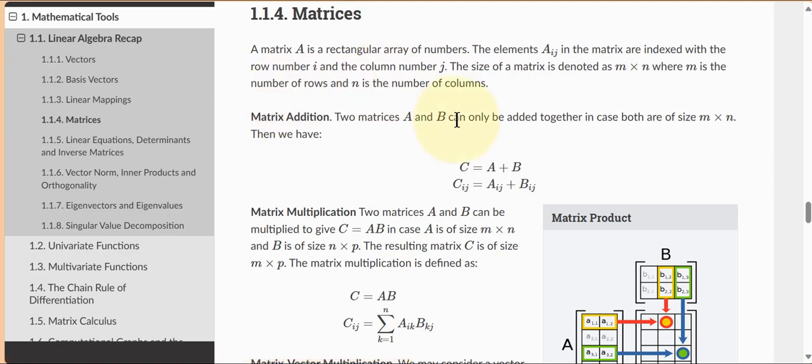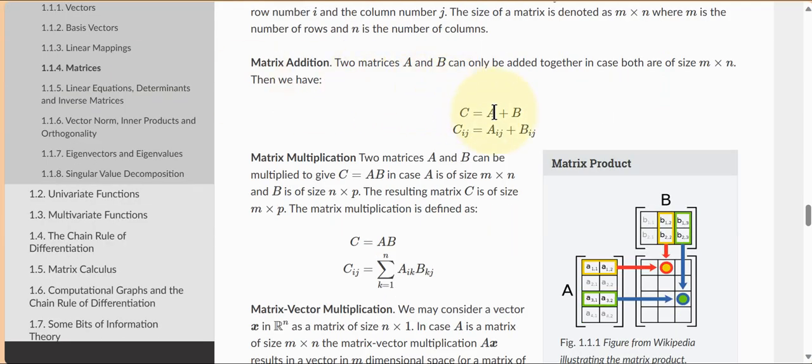And then we have the size of the matrix, and we denote it as m by n, where m is the number of rows and n is the number of columns. And we have an operation of adding two matrices. We take two matrices and we get a new matrix, and in order to add them together, they both have to be of the same size.